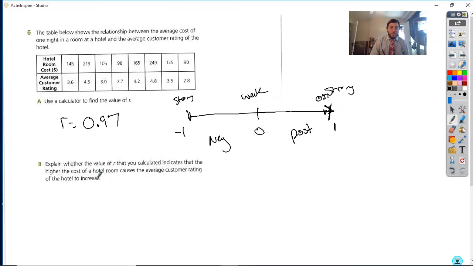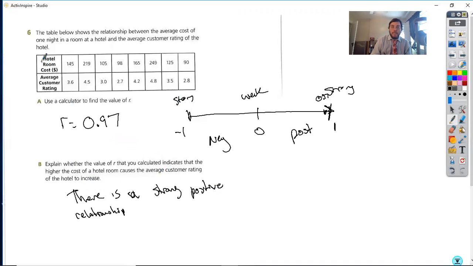Here it says, explain whether the value of R that you calculated indicates that the higher the cost of a hotel room causes the average customer rating of the hotel to increase. There's a strong positive relationship, but we don't have enough data to say that one of these causes the other.